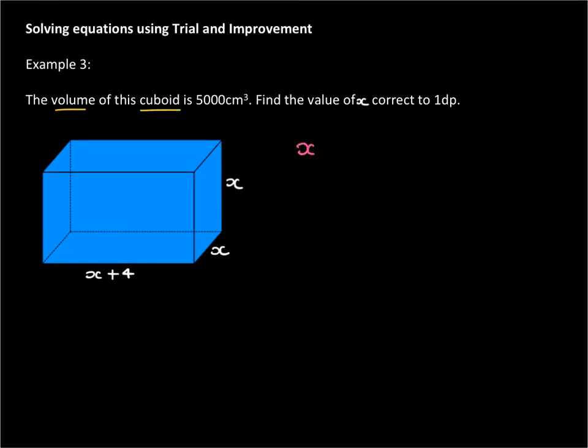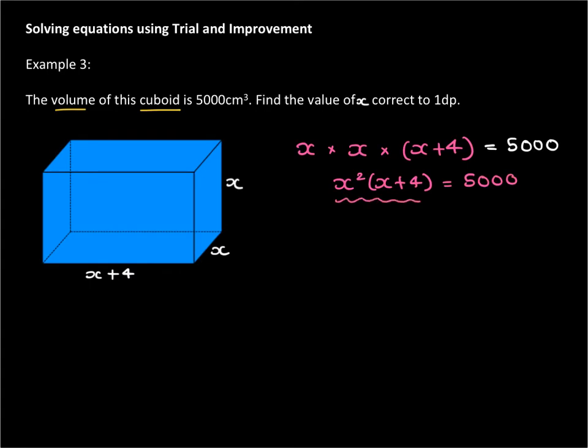We know that x multiplied by x multiplied by x plus 4 must give us the volume, length multiplied by width multiplied by depth, and that volume must be equal to 5,000 centimetres cubed. So what can we say? That's x squared (x plus 4) equals 5,000, and here's our equation that we're going to solve.